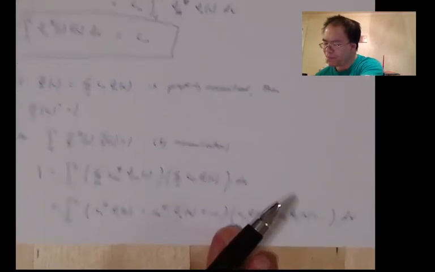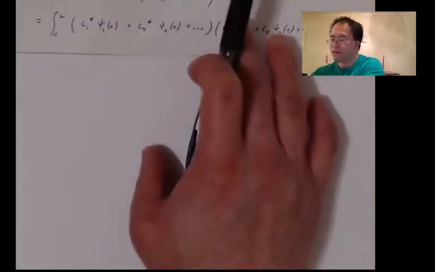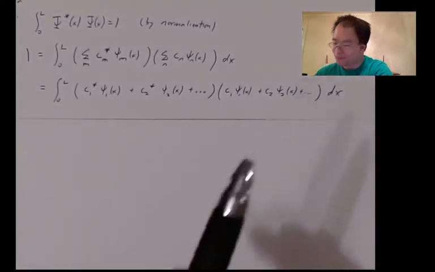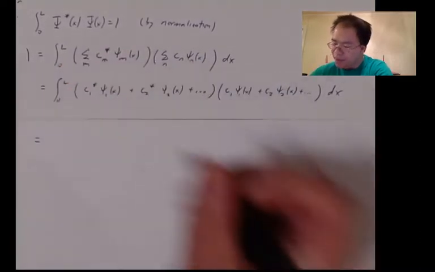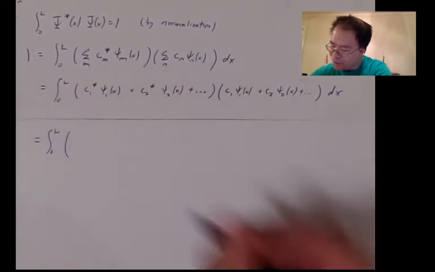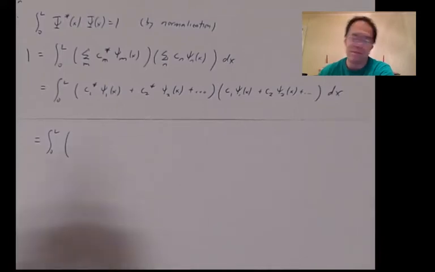I'll roll over to the top here, and you can still see me. Okay, so we've got this enormous parentheses. Multiplying two big polynomials, I have to just multiply every term by every other term.